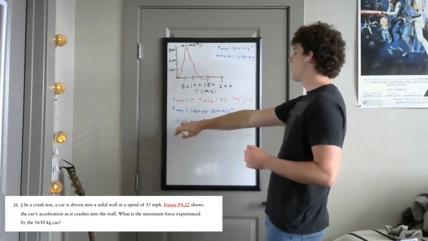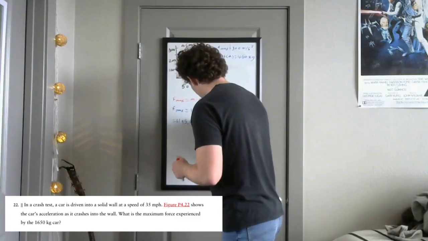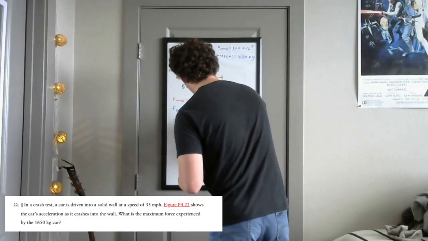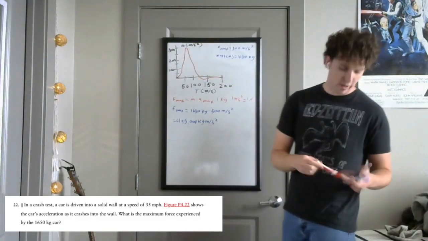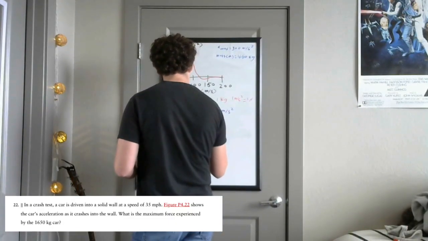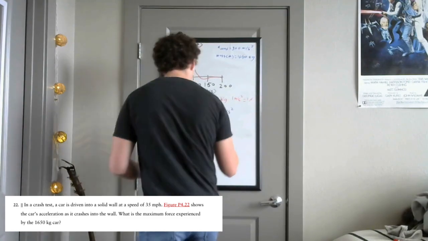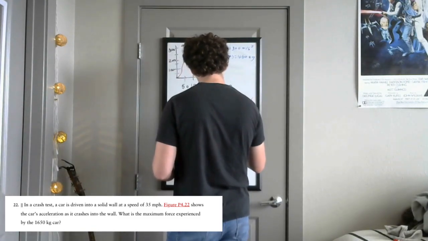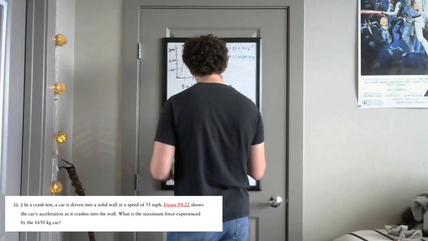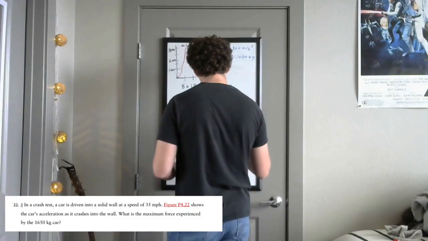So if I have 495,000 kilograms times meters per second squared, that is the same thing as having 495,000 newtons, which is also the same thing as 4.95 times 10 to the 5th newtons, or if you want to bring that down to kilonewtons, that is the same thing as 495 kilonewtons.